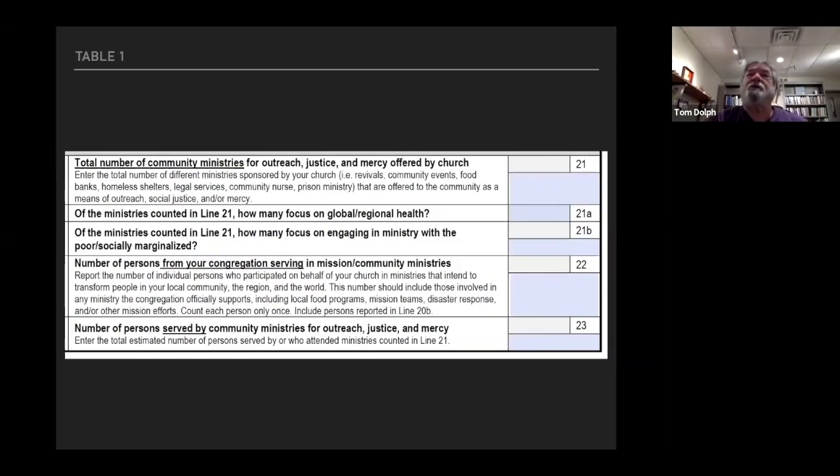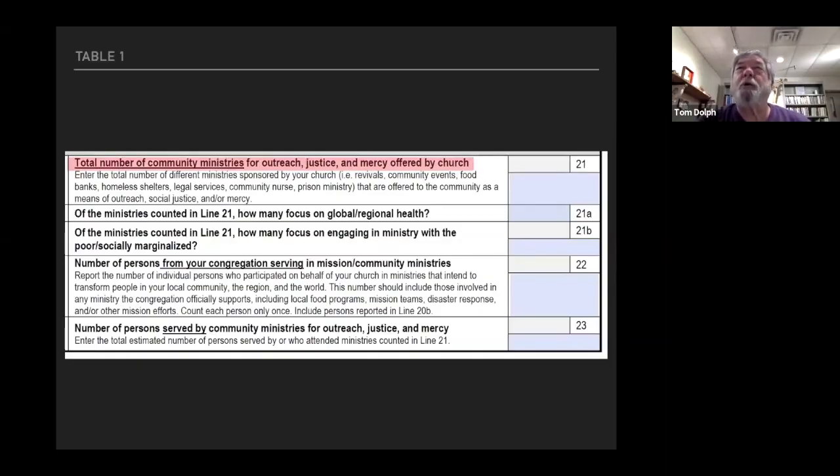So this section is where you would put your opportunities for other kinds of mission work. This is any mission opportunities that you do locally. This includes mission trips that aren't official VIM trips.